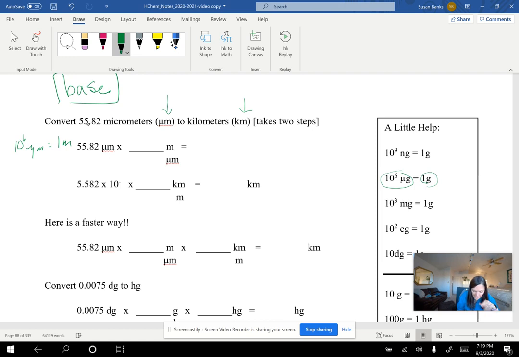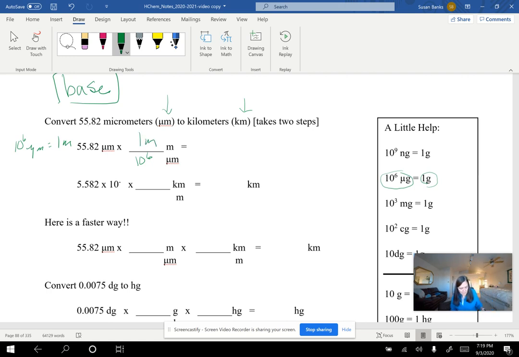And notice I want to get out of micrometers, so I want it to be on the opposite side in the next step. It's on the top in the first step, so in the second step, I want it to be on the bottom. So I'm going to put 10 to the 6 micrometers are in 1 meter.